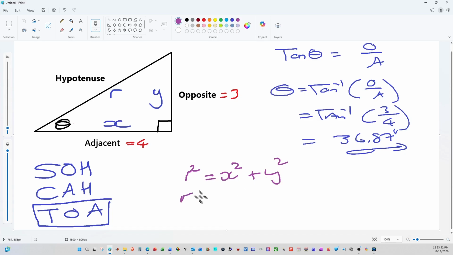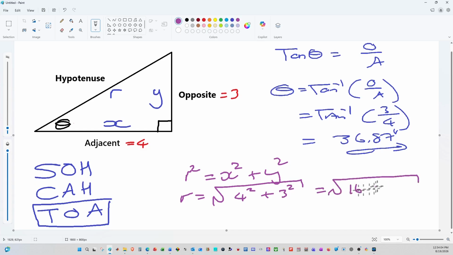Therefore, r is calculated as the square root of x squared, which is 4 squared, plus y squared, which is 3 squared. That is the square root of 16 plus 9, which is the square root of 25, which has a value of 5. We've now got the angle theta, and we have got the long side r.